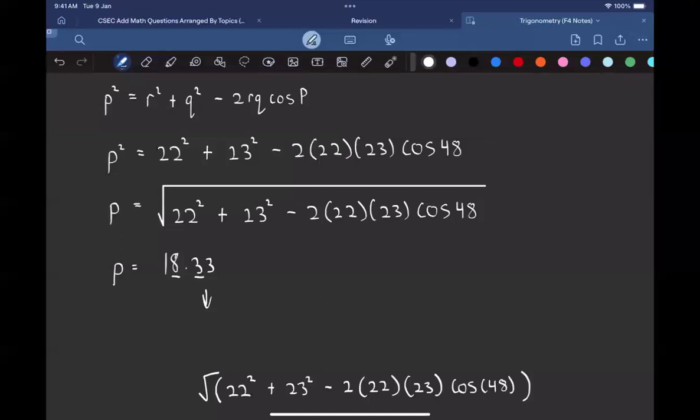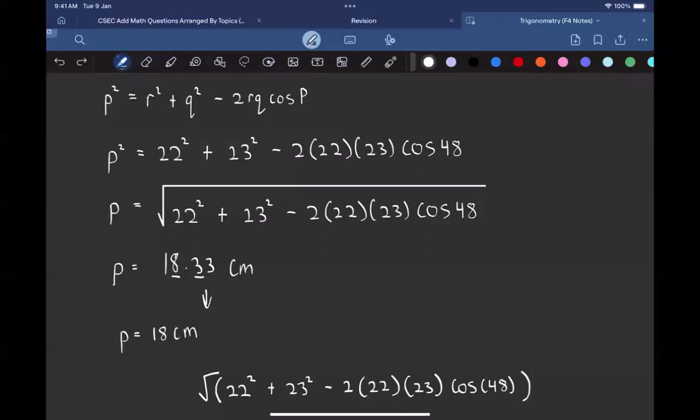You're overthinking it. If I have 18.33 centimeters, that is approximately how many centimeters? 18 centimeters, because the number after the 8 is 3.